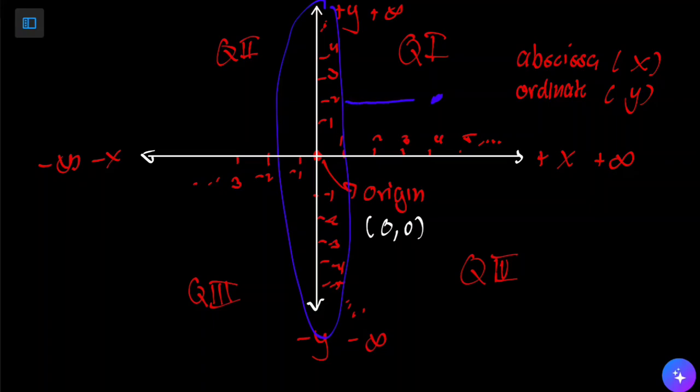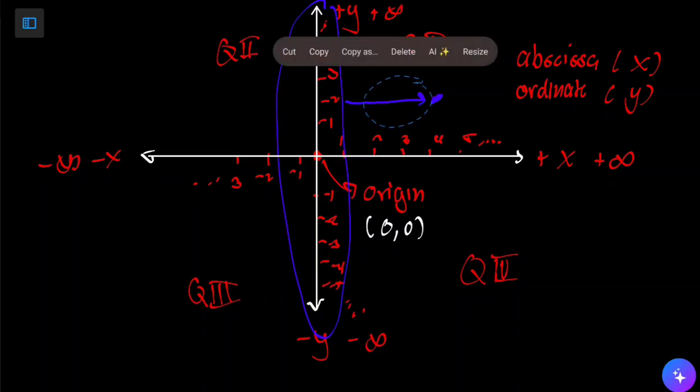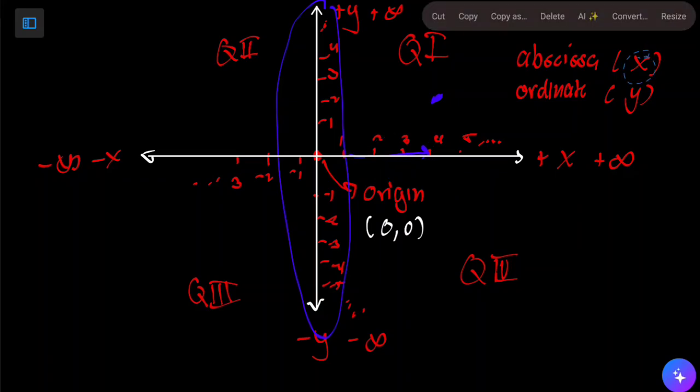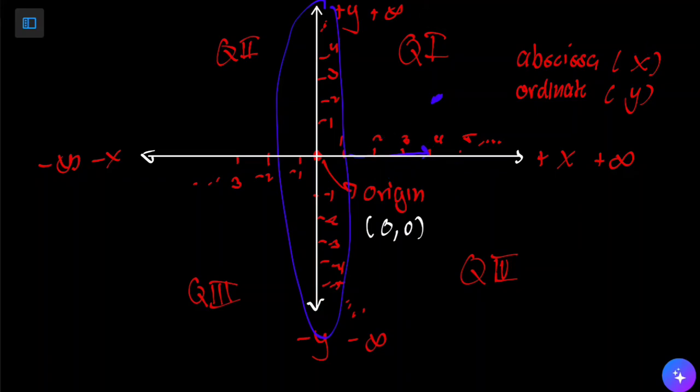That is the distance from the y-axis towards that point, and that point is being measured along your x-axis, right? That's why it's the x, because it measures the distance from the y-axis, and that line is parallel to your x-axis.